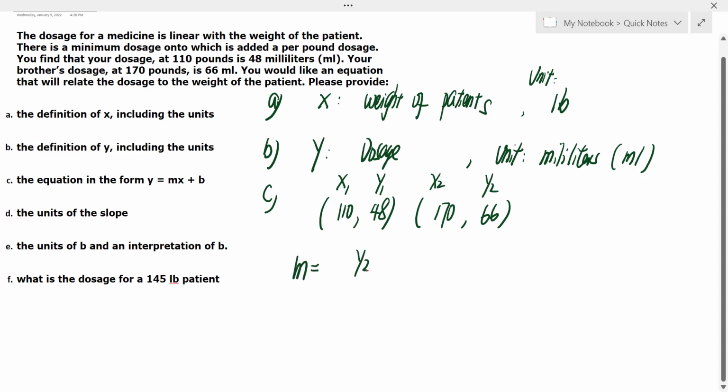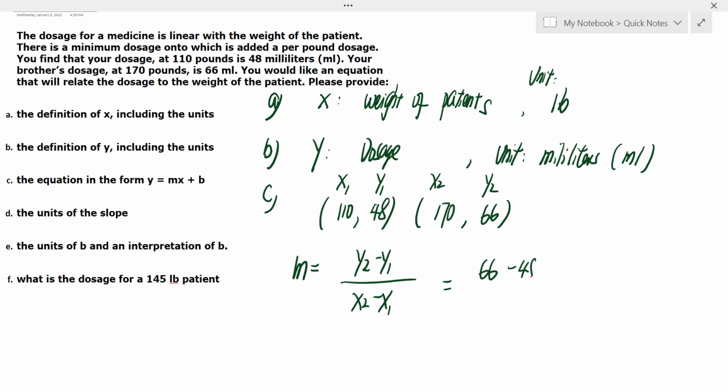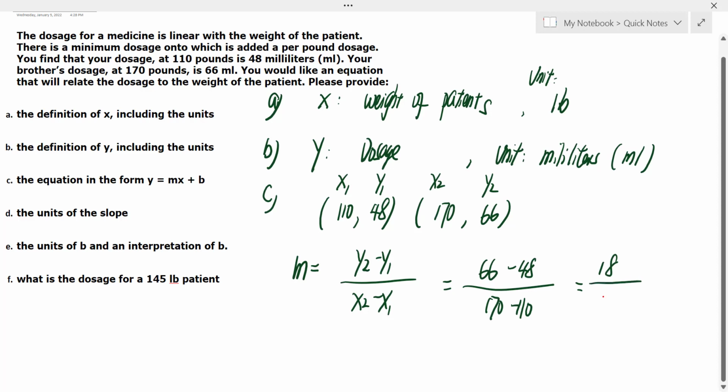Slope is y2 minus y1 over x2 minus x1. So that's 66 minus 48 over 170 minus 110. So this turned out to be 18 over 60. This turned out to be 0.3. And the unit for this will be milliliters, 0.3 milliliters.